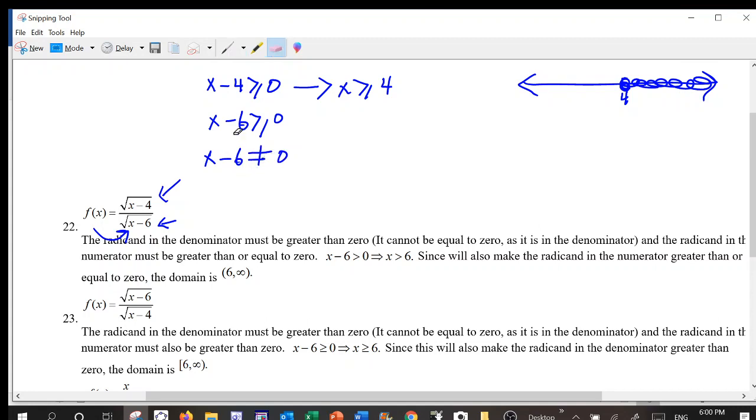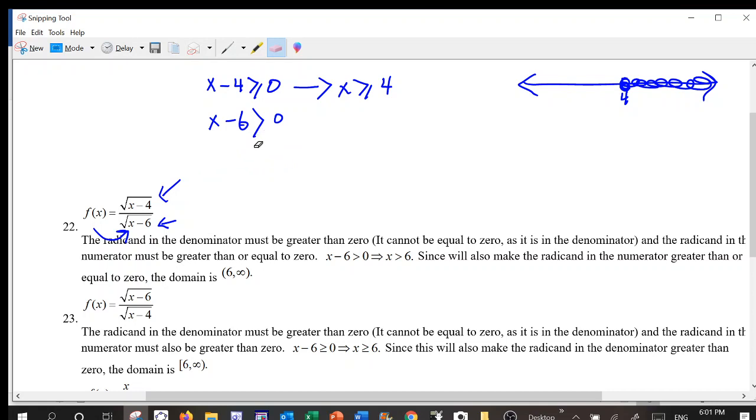Since we can combine these two, we take care of that by getting rid of that equality. Here we just put greater than. If I just put greater than here, that takes care of the problem of the denominator cannot be 0. So you don't have to worry about this because we already took care of it over here.